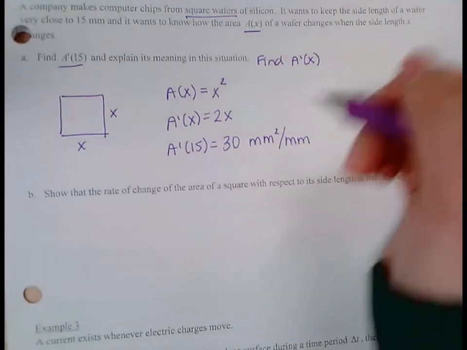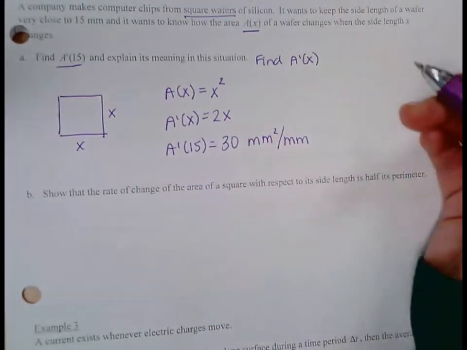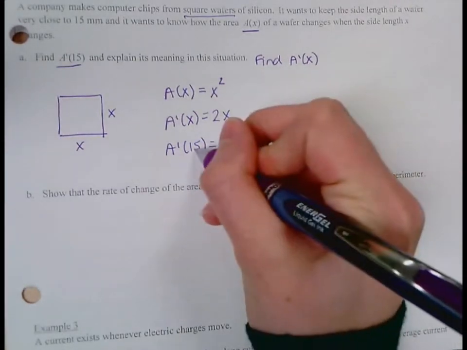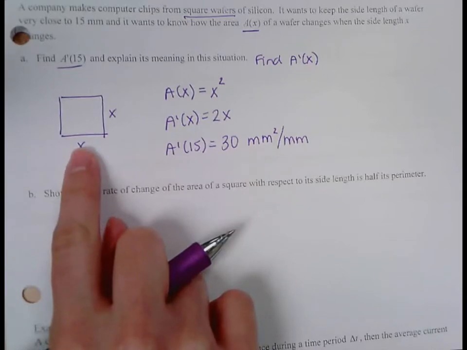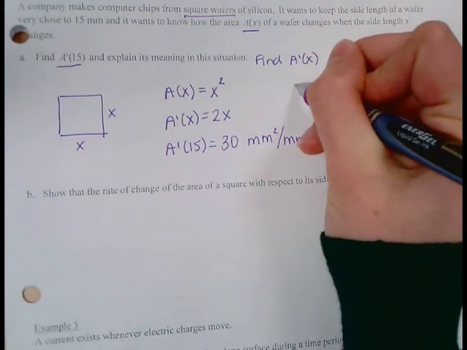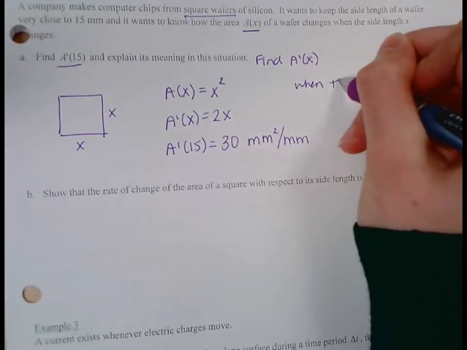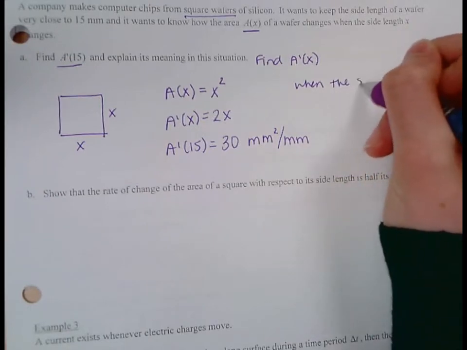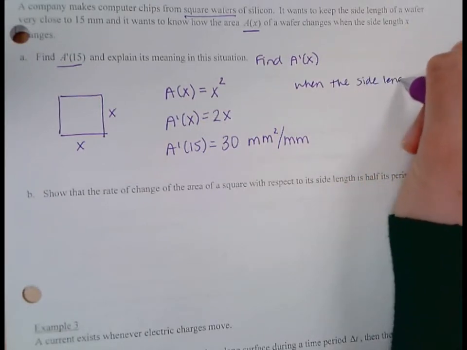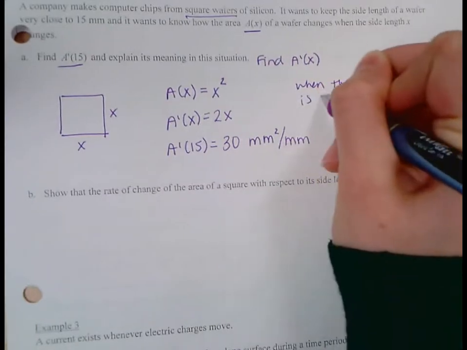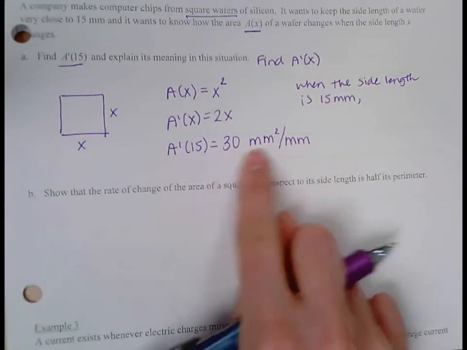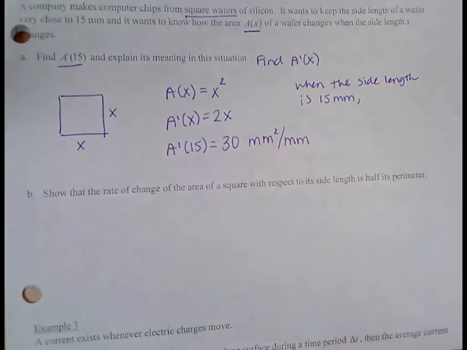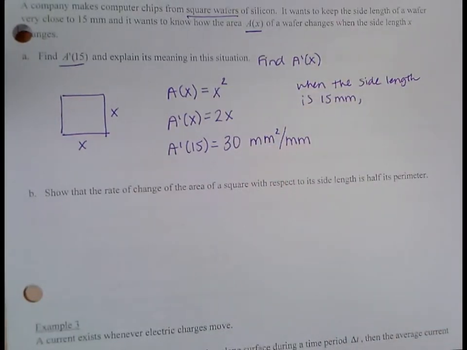So to tie in the 15, the 15 is representing the side length of the square. So I can say when the side length is 15 millimeters, the 30 millimeters squared per millimeter is showing the increase of the area per increase of the side.